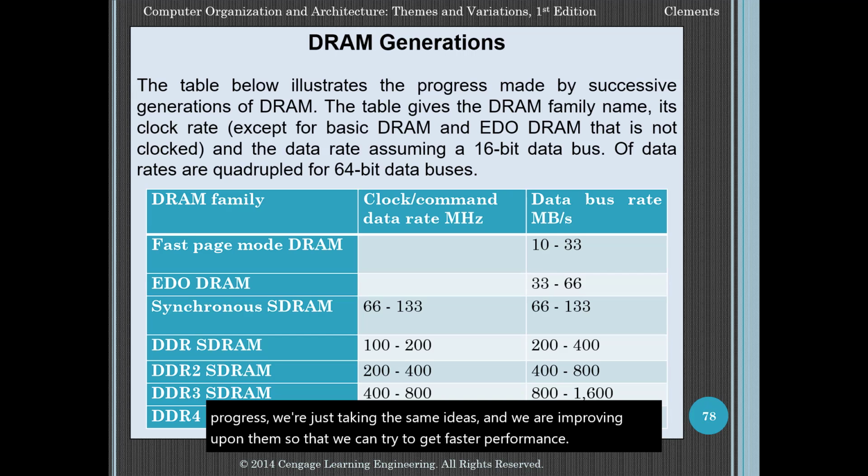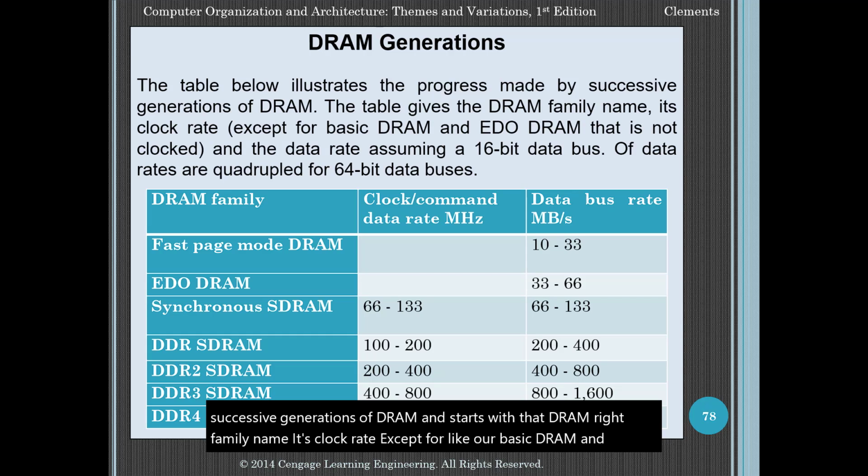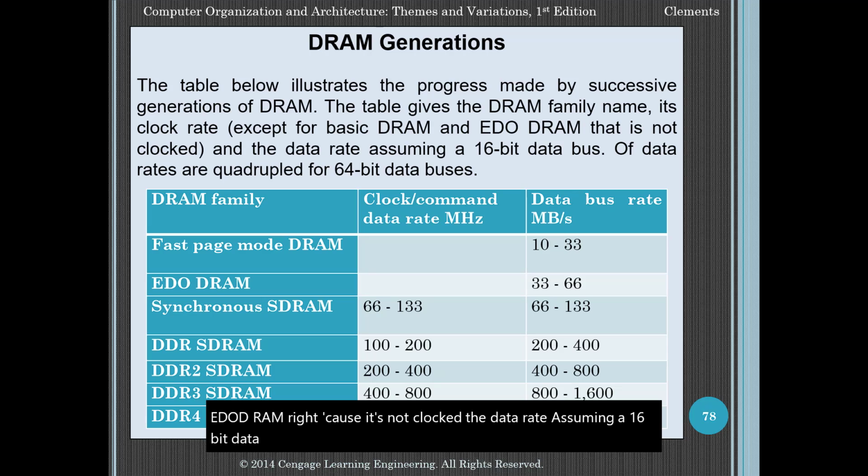So we can take a look at this table here to get an idea of some of our DRAM generations. This table shows us the progress made by successive generations of DRAM, and starts with the DRAM family name and its clock rate, except for our basic DRAM and the EDO DRAM, because it's not clocked. The data rate is given assuming a 16-bit data bus, and the data rates are quadrupled for 64-bit data buses.